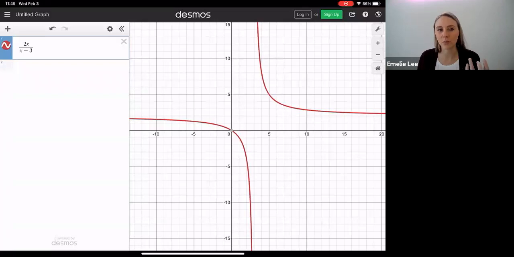I don't know exactly what, but there's some sort of weird behavior at x equals 3. So if we're looking at the limit from the left, then as we approach 3, we're going down towards negative infinity. And then from the right, we're going up towards positive infinity, right? So let's see here.